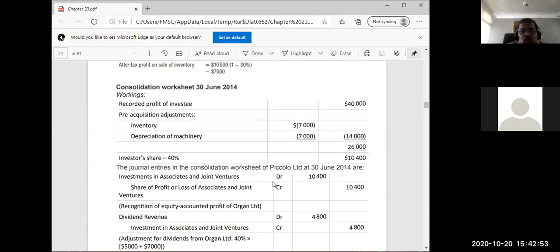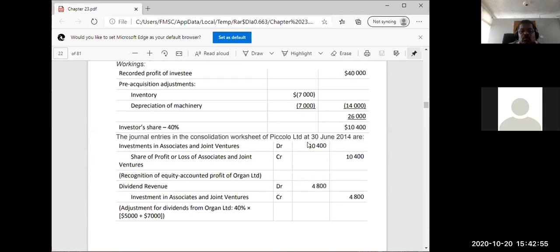Okay. So how do you show it in the investor's consolidated financial statement, which will be like this.